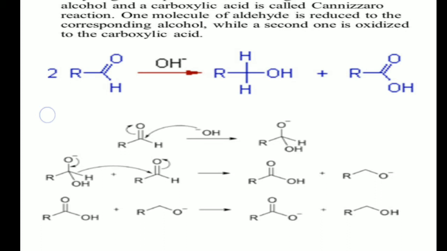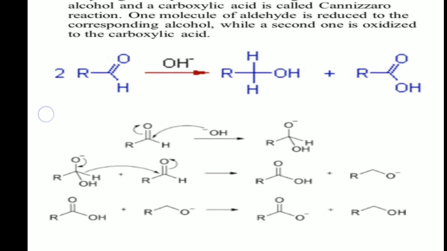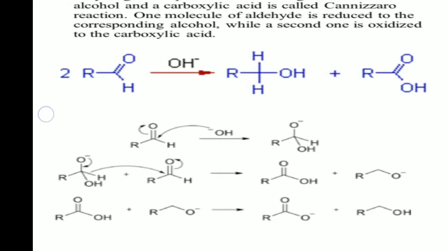The negative charge of the oxide ion forms a double bond, and the hydrogen of the carbonyl carbon shifts towards the carbonyl carbon of the second molecule, which has a positive charge. The negative charge of oxygen goes back to its original place.